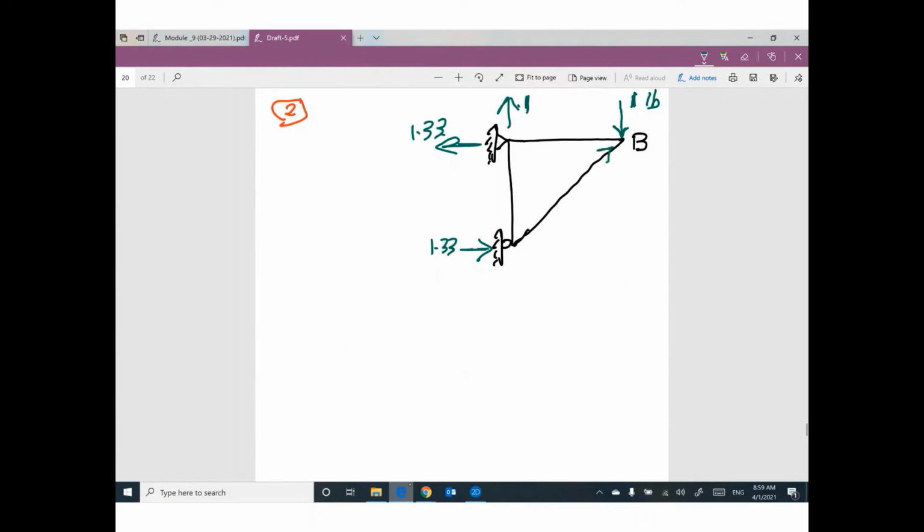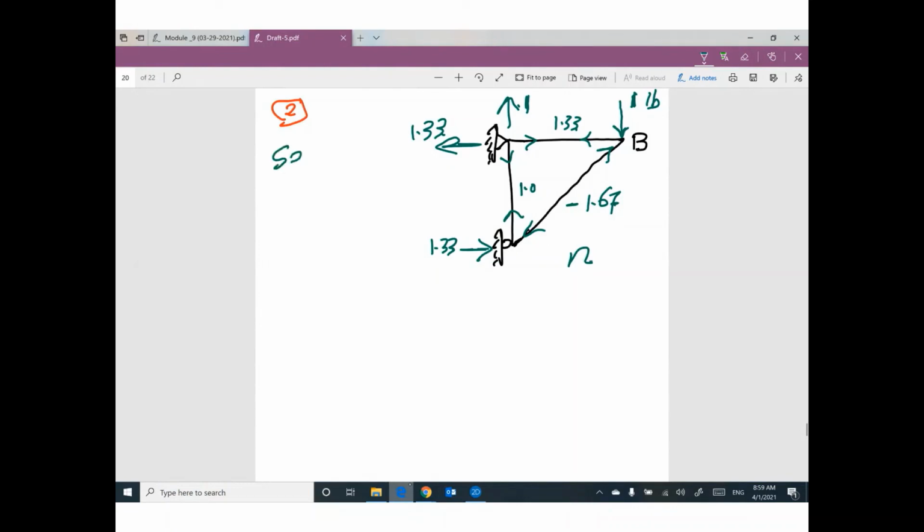This force will be compression. This force will be tension. This force will be tension, 1.33. I think this one will be how much? 1.67.